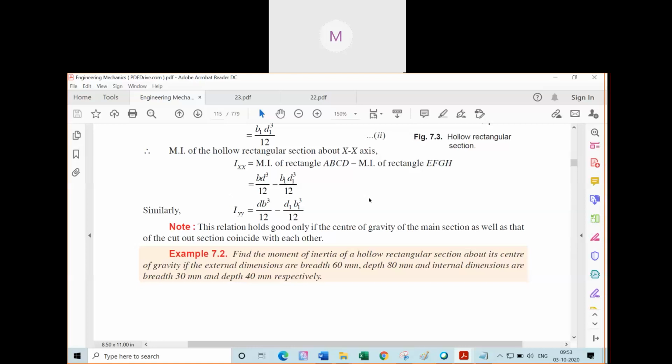So are you able to distinguish which is the internal dimension and which is the external dimensions?